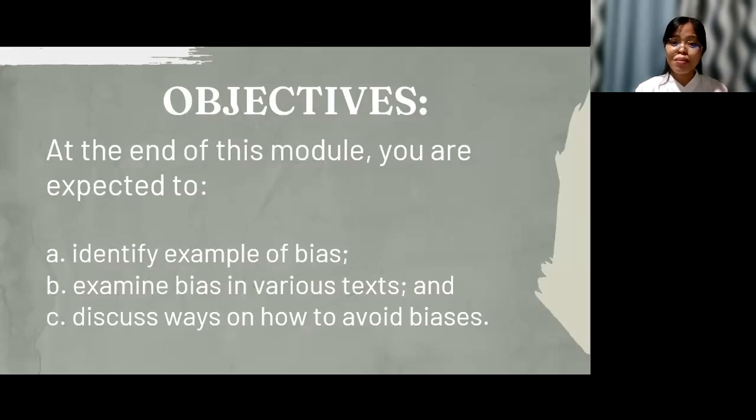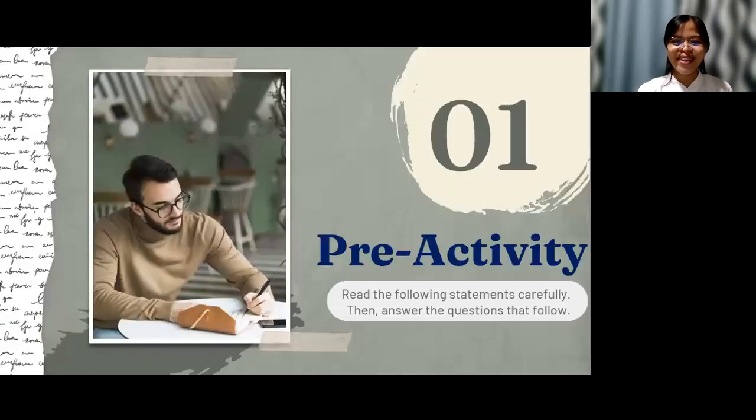So basically, remember that first we will identify examples of biases, then you need to examine the bias in various texts, and lastly, you have to discuss ways on how to avoid biases. We will not end on just defining or identifying or even examining, but we need to discuss ways how to avoid them.